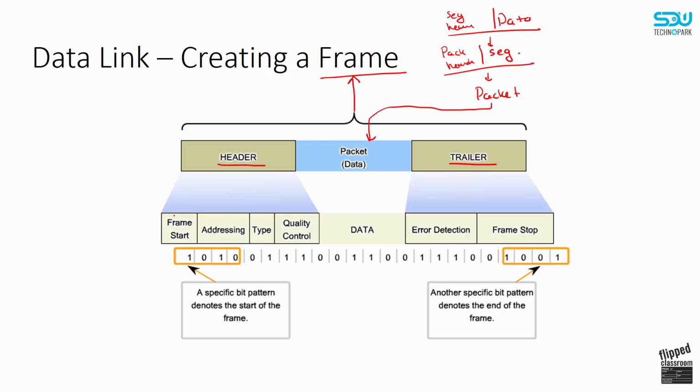In the header, we have a frame start. This is a special, unique sequence of bits that defines that this is the beginning of the frame. We have addressing, which is 48 bits, or we can say 6 bytes.